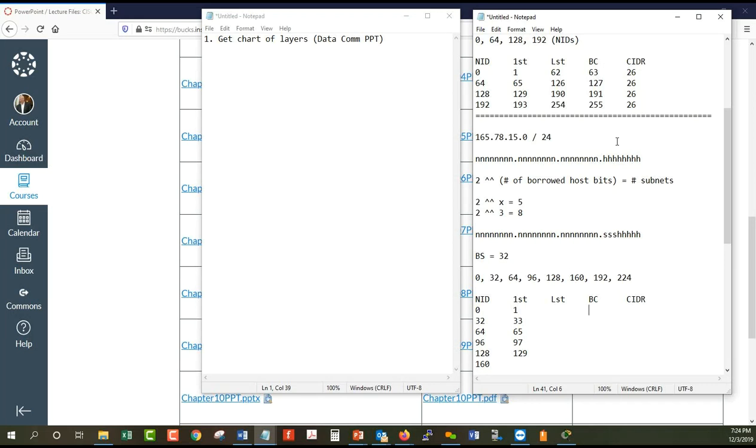And we're going to go over to our broadcast. Again, the broadcast address is always one less than the next network ID. So we've got 32, so one less than that is 31, 63, 95, 127, and because I've got this 160 here, it makes this a lot easier to figure out, 159, okay?